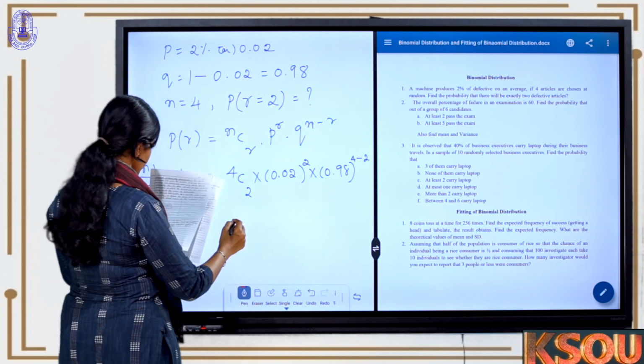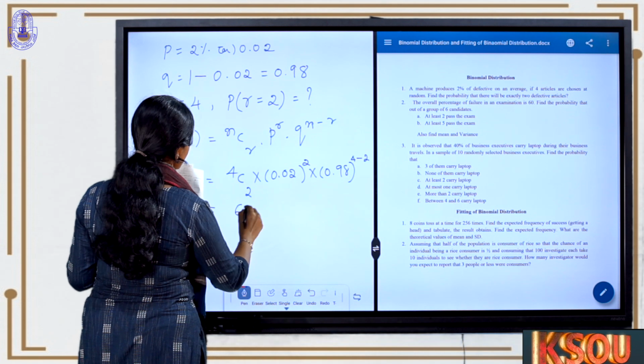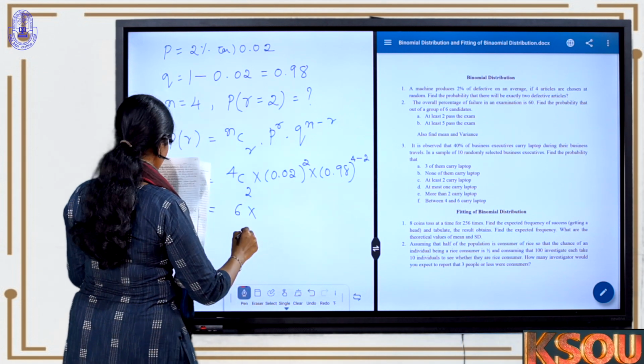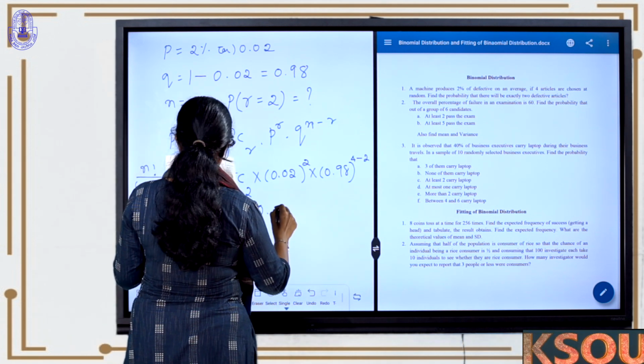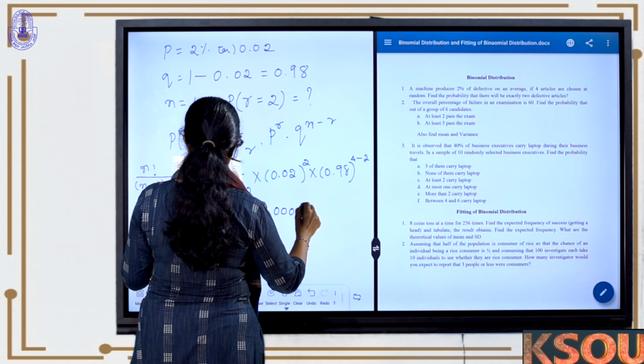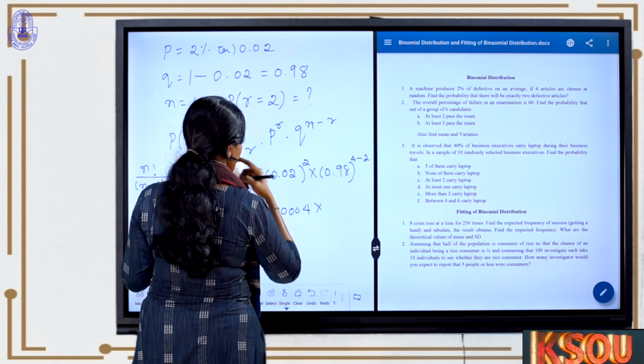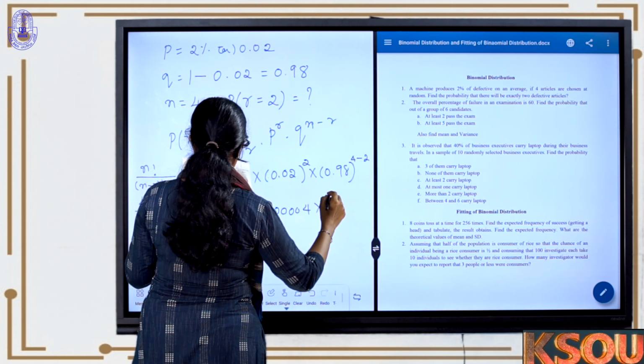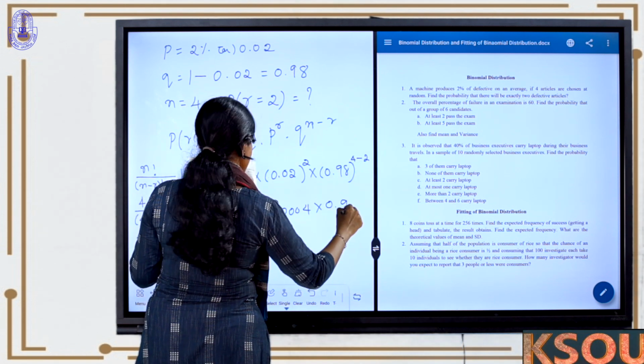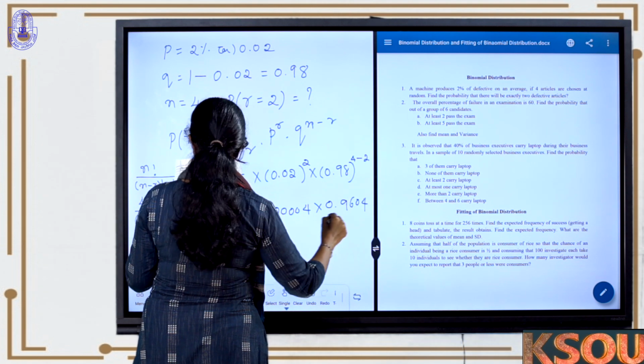So 4C2 is 6, then 0.02 to the power of 2 is 0.0004, into 0.98 to the power of 2 is 0.9604.